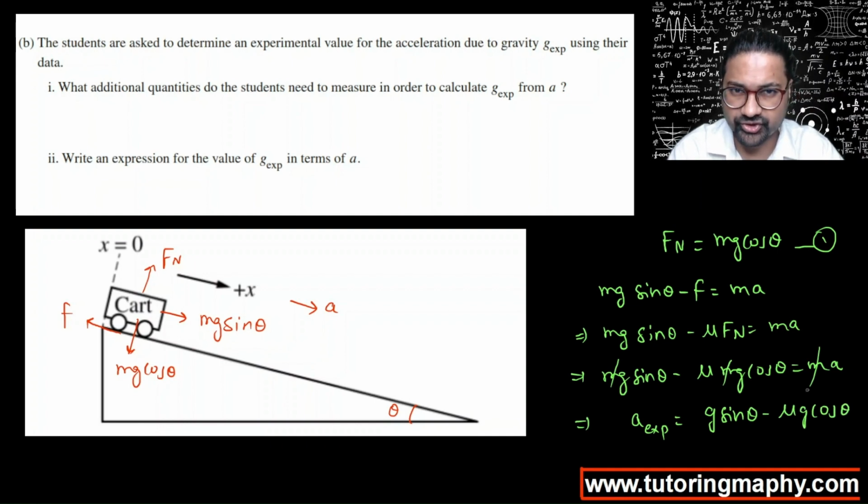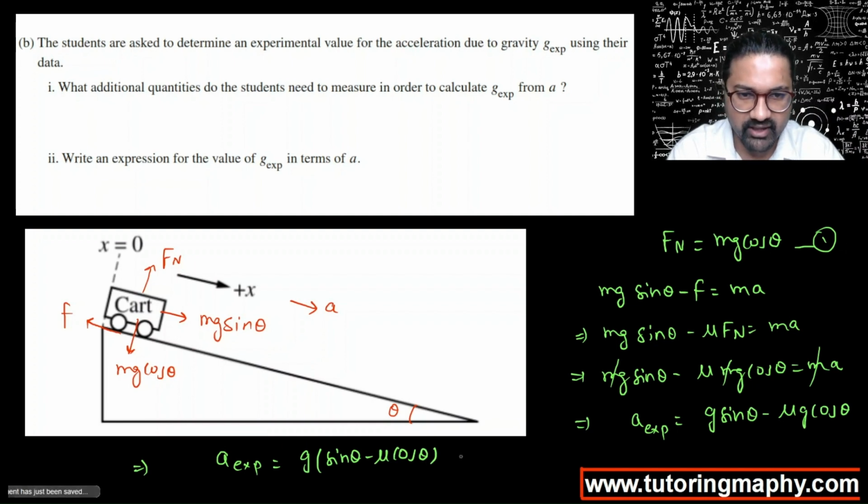And since we are interested in g in terms of a, let's isolate g because we already have the value of a. So a experiment is going to look like g is taken out, we have sine theta minus mu cos theta, and finally the value of g is going to be a over sine theta minus mu cos theta.